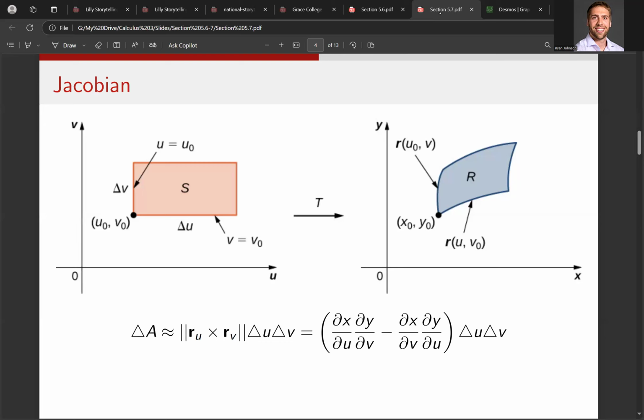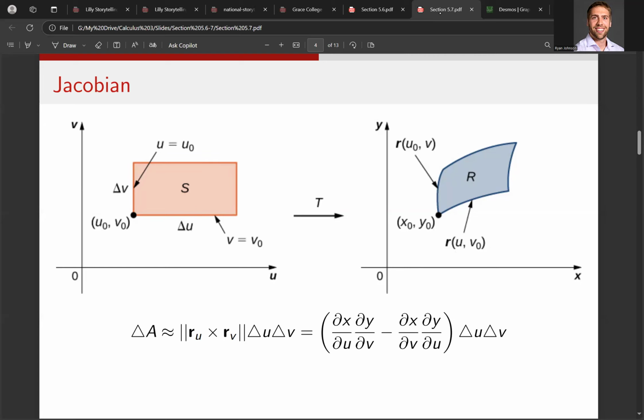So that means that not only do we have the du and the dv, but we also have how the du and dv can be not perpendicular. Because x and y are perpendicular, but du and dv might not be.